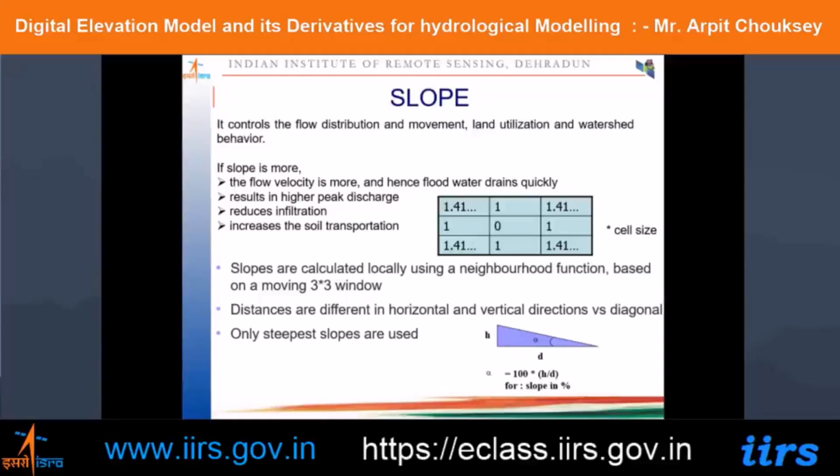So diagonally the grid spacing is 1.414 meter. However, longitudinally or laterally, the grid size is only 1 meter. So slope has to be calculated as the elevation of one grid point minus the elevation of a second grid point, divided by the distance between the grid points, horizontal, vertical, or diagonal. So the steepest slope is to be used.